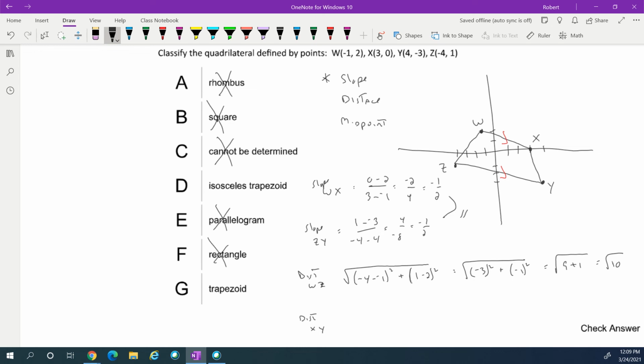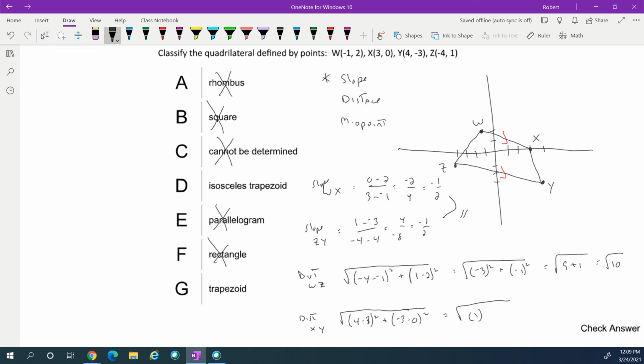I'm going to do the same thing with X and Y. 4 minus 3 squared plus -3 minus 0 quantity squared.